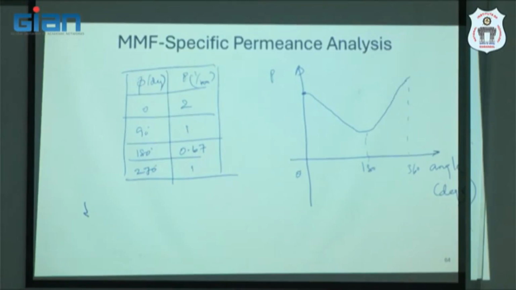Sine, cosine function, right? It is a shifted cosine. So I can generalize my static eccentricity air gap permeance as a constant P0 plus some P1 times cosine of phi. This is how we will have to synthesize the permeance expressions for different fault conditions.